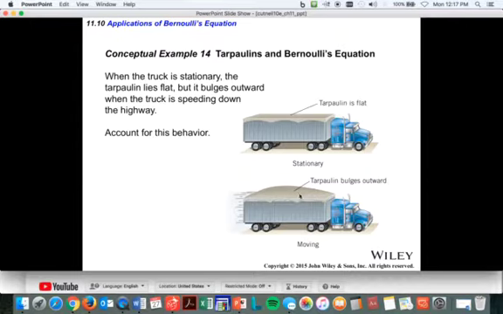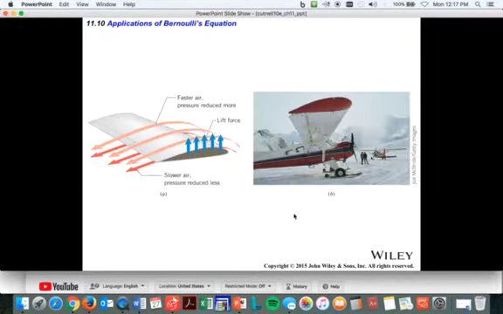It floats up out of there because of fast moving air up here and slower moving, higher pressure air down here, and boom.